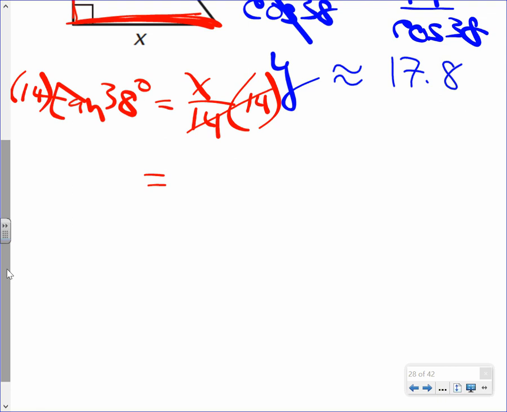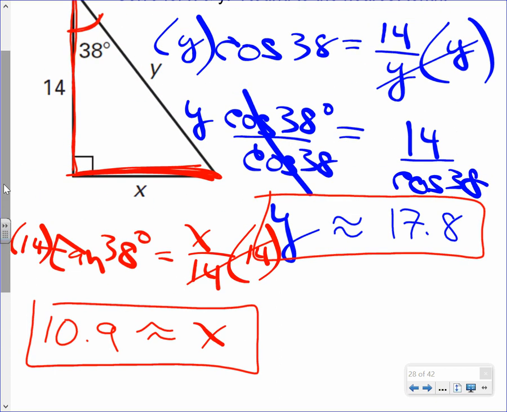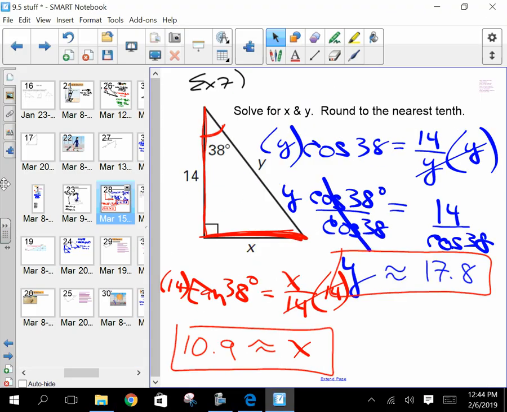So x then, on the right side is alone, will be approximately, help me, 14 times tangent of 38. 10.9 sounds good to me. Anybody object? I don't have the calculators, you guys do. So 10.9. X and Y are solved for. Questions? Questions on this example? I'll go over more tomorrow.